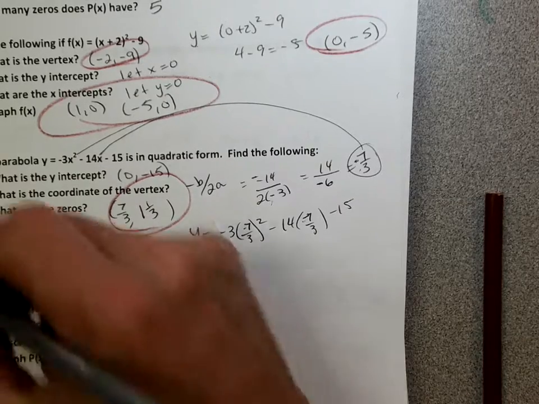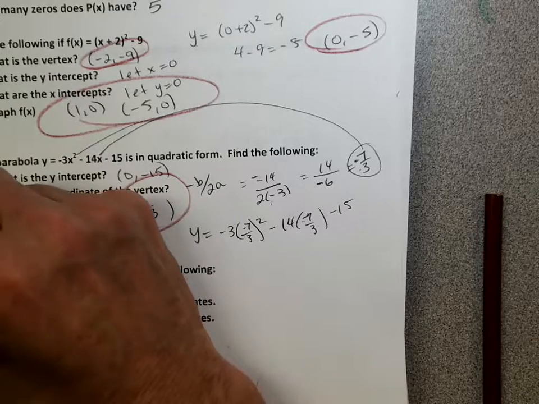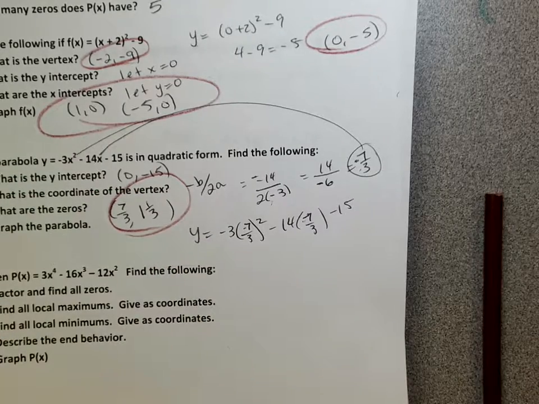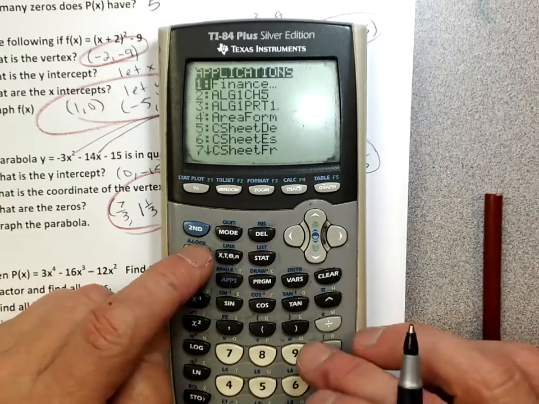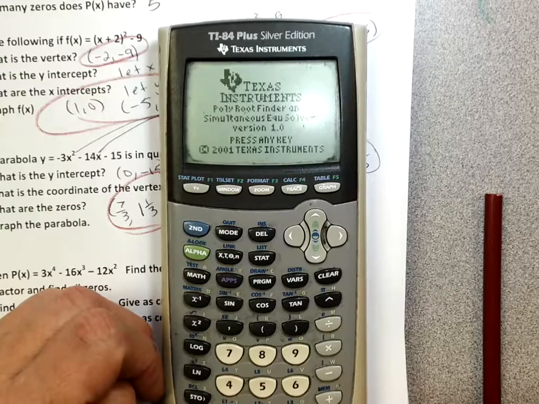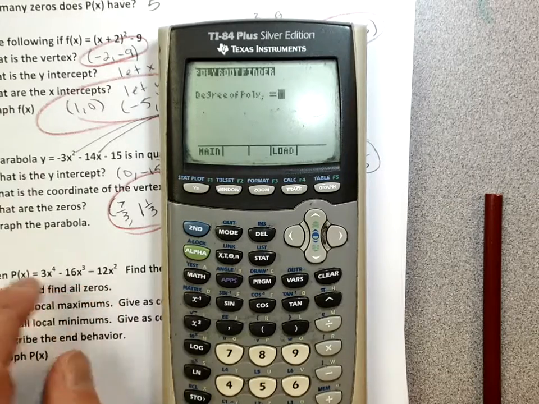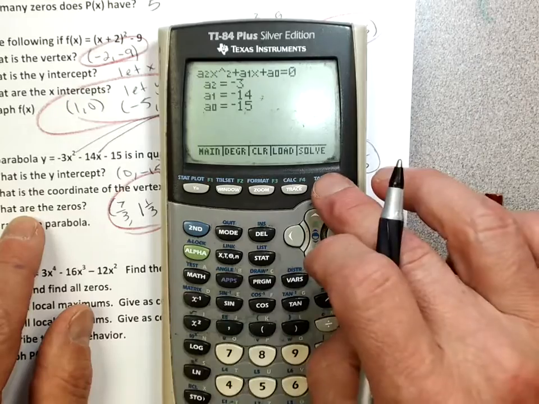So I'm going to use my poly button. For me, it is the fastest way to get the zeros. I'm going into apps, finding my polyroot finder, degree 2. I've got a negative 3, negative 14, negative 15, and I solve.